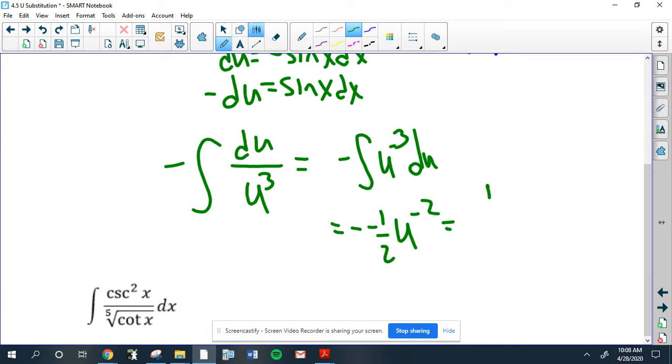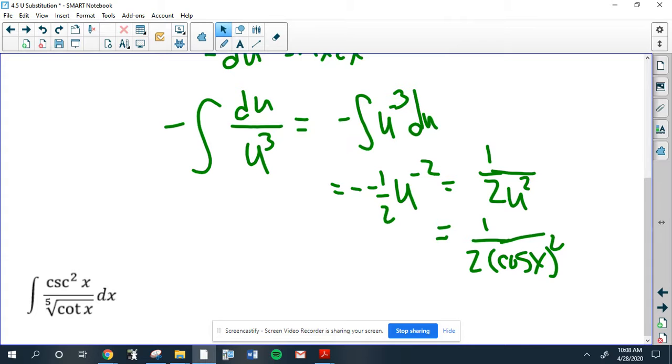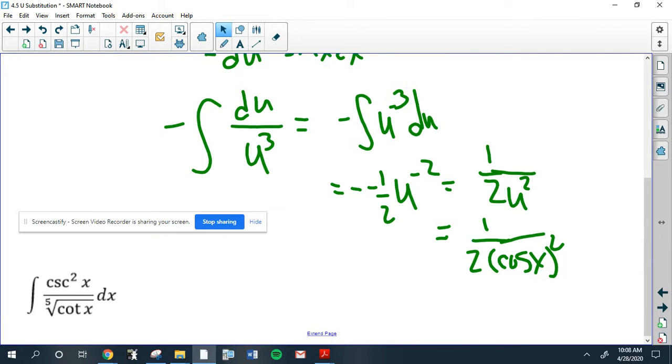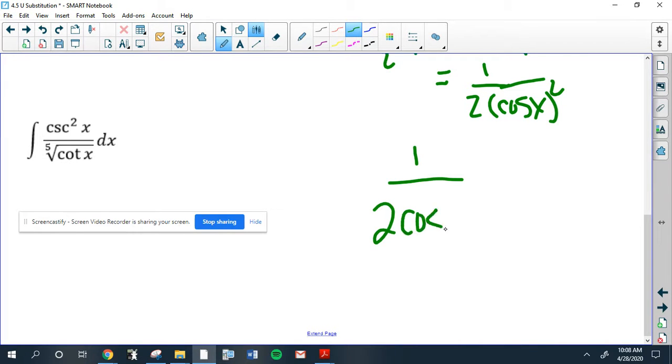So this is going to be 1/2 u to the positive second on the bottom. So plug back your u, which we said was cosine of x. And I'm going to rewrite it into the simplified trig form, which would be 1 over 2 cosine squared x, and then plus c.